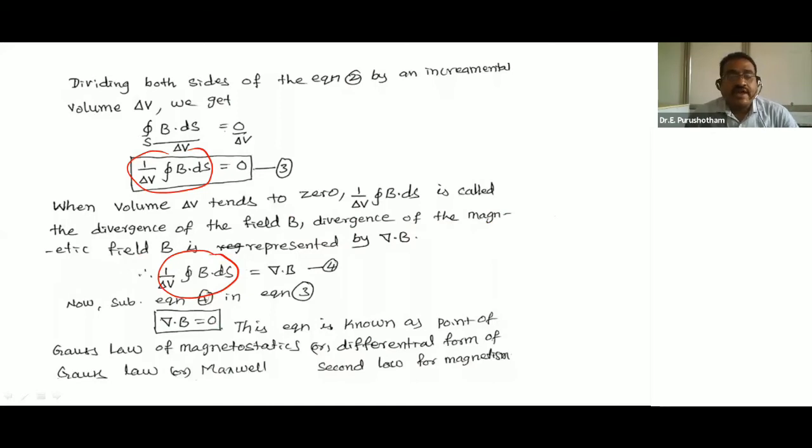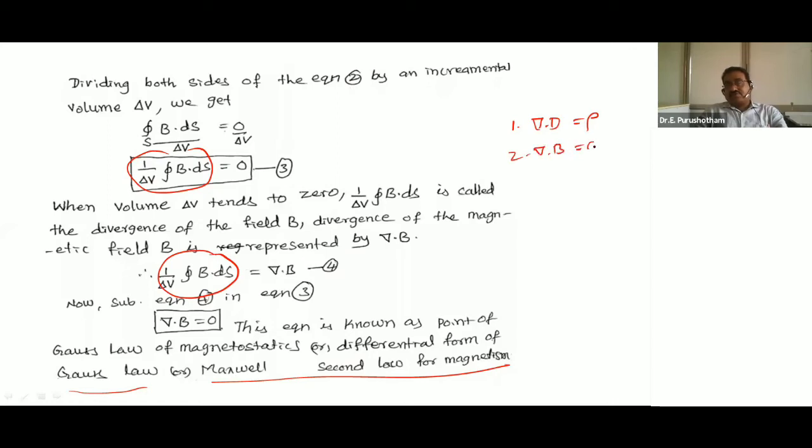This equation is known as the point form of Gauss law of magnetostatics, or differential form of Gauss law, or Maxwell's second equation, or Maxwell's second law for magnetism. First equation: del dot D is equal to rho. Second equation: del dot B is equal to 0. Maxwell's first equation and second equation.